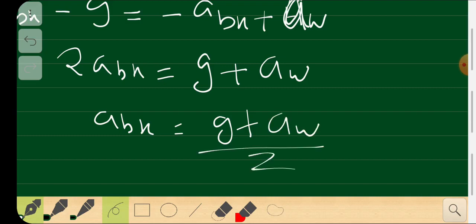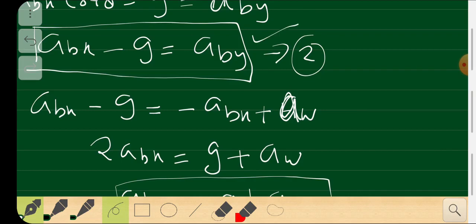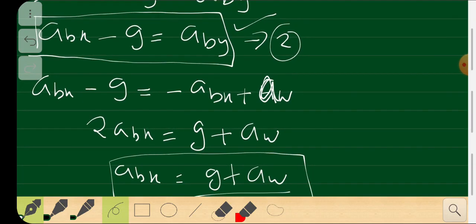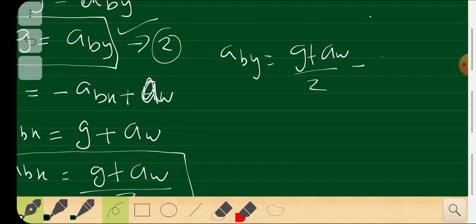Now what I can do is substitute this back into equation 2. So when I do that, I can find aby as well. So abx is equal to g plus aw by 2. So aby will be equal to abx, which is g plus aw by 2, minus g.